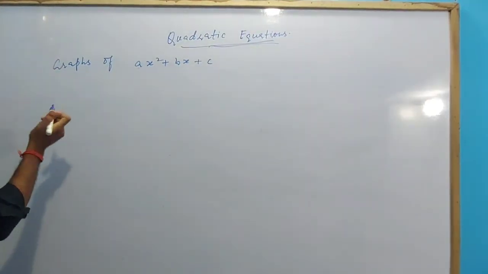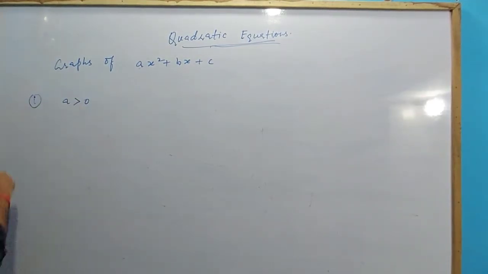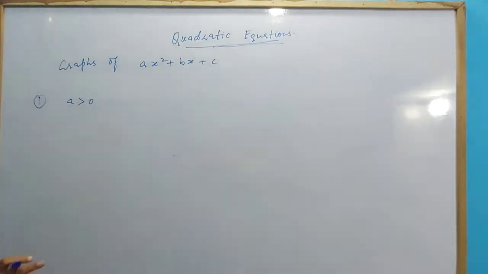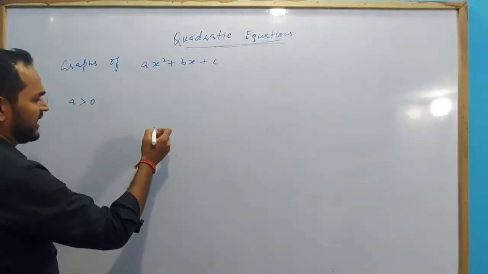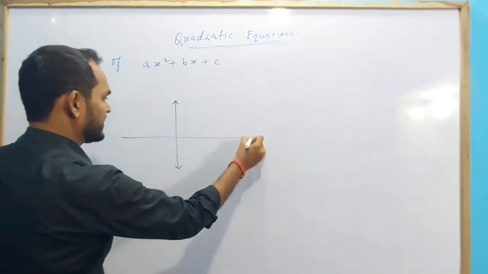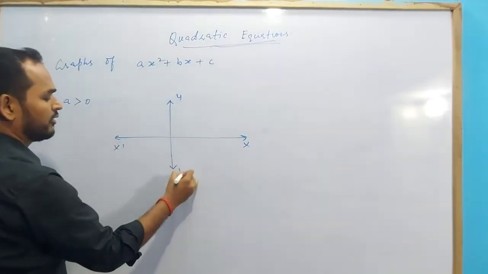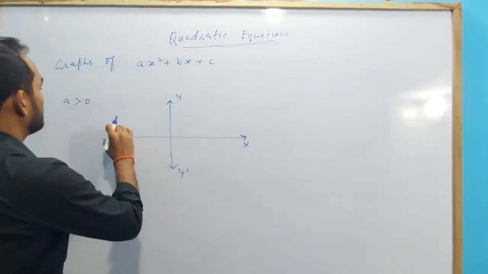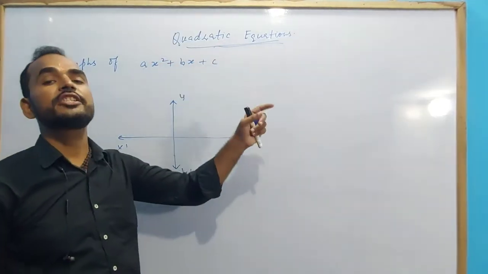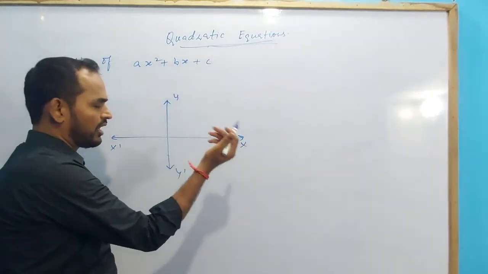So, ax square plus bx plus c. Let's see what the nature of the graph will be when a is greater than 0. There are some cases. Take a plane with x-axis, x dash, y, y dash. When a is greater than 0, the graph of ax square plus bx plus c will be an upward parabola.